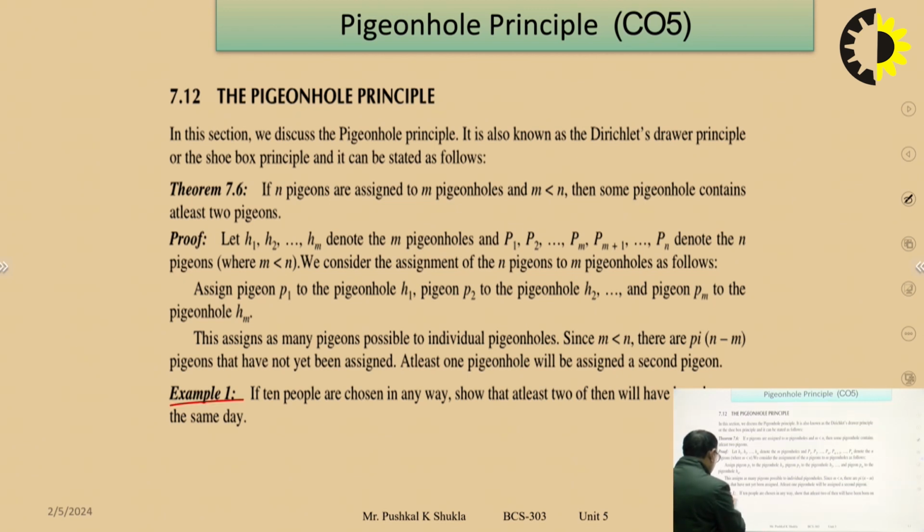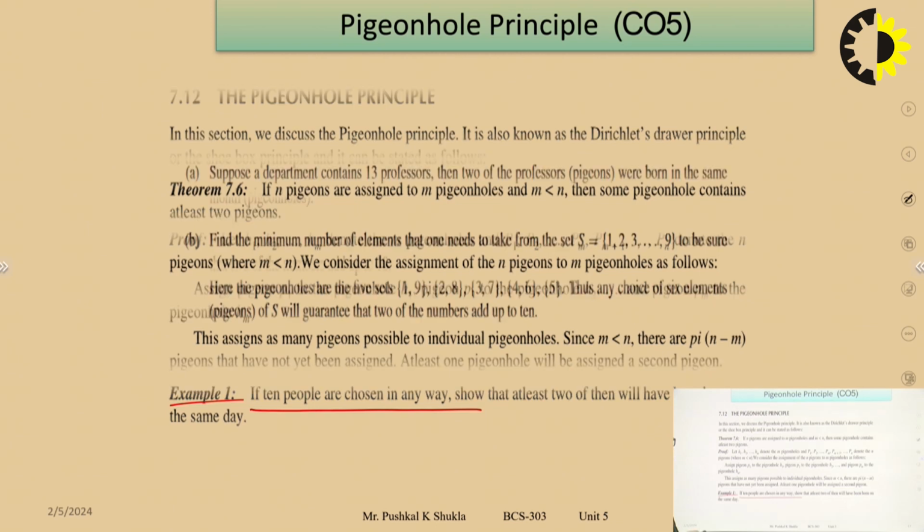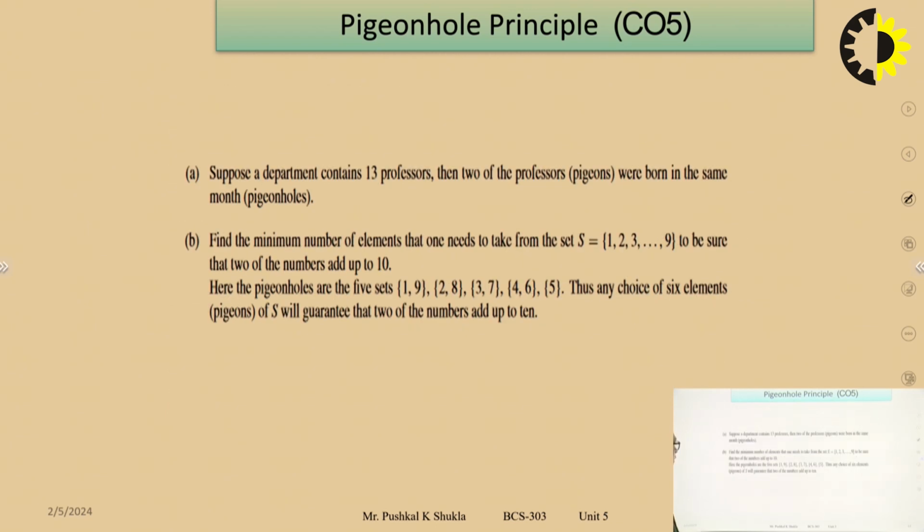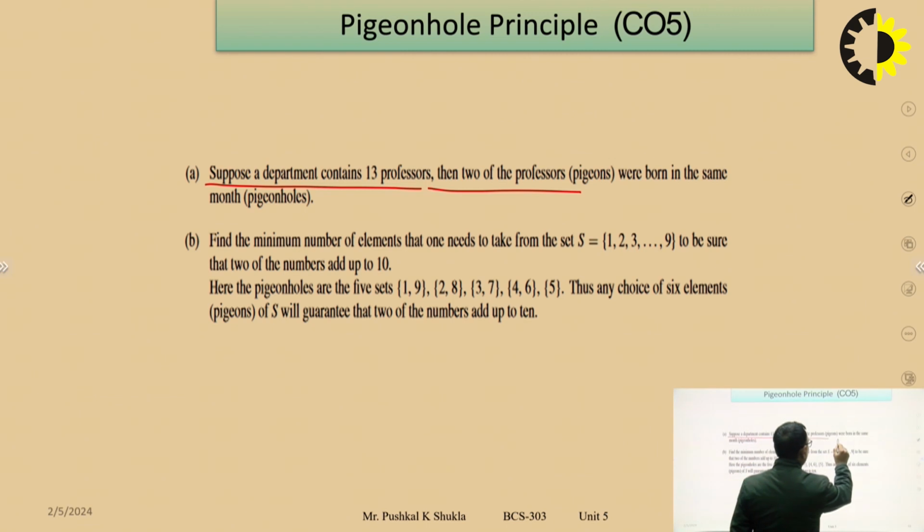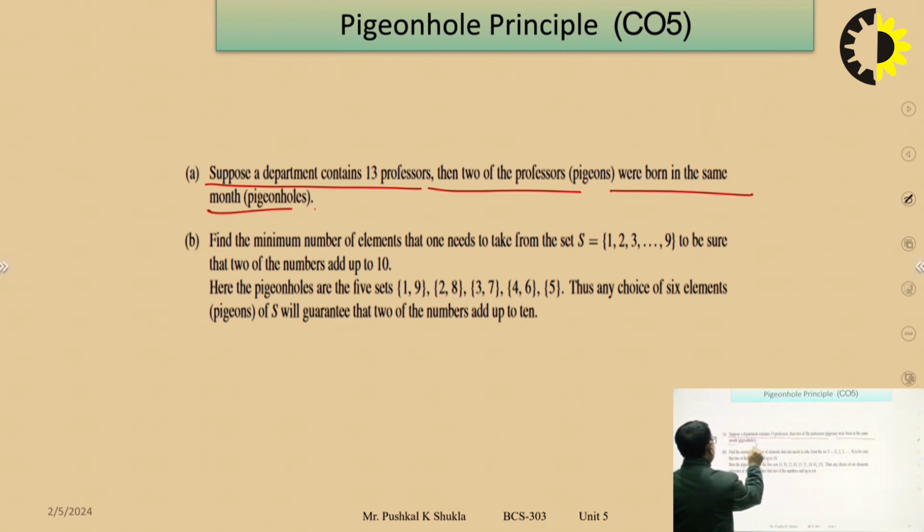See this example: if 10 people are chosen in any way, then at least two of them will have been born on the same day. This type of question. Suppose a department contains 30 professors, then two of the professors were born in the same month. This is the pigeonhole principle.